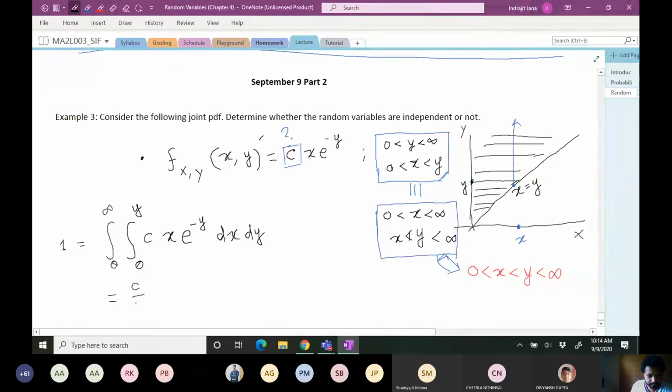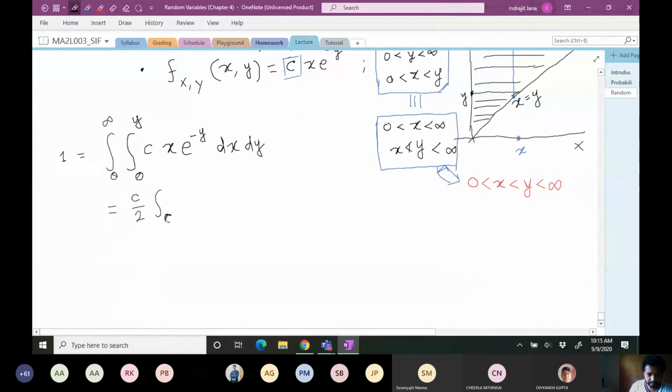So it's going to be c over 2 times the integration from 0 to infinity of y square e to the power negative y dy. And this integration is simply gamma 3.